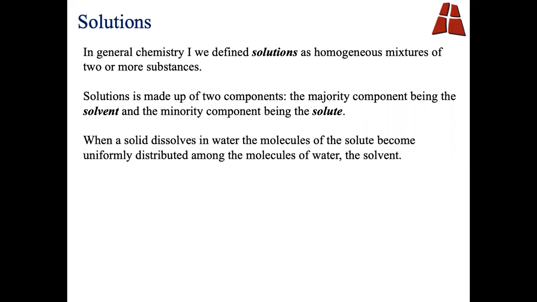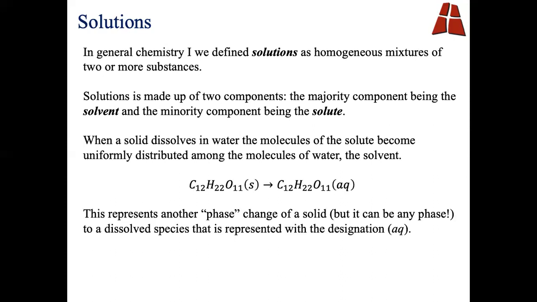Okay. So for example, if we have a solid, say salt or sugar, and it dissolves in water, the molecules of the solute then become uniformly distributed amongst the solvent molecules of water in order to form a solution. So an example here of how we would describe that chemically. Say we have sugar, sucrose, as a solid, and we dissolve it in water.